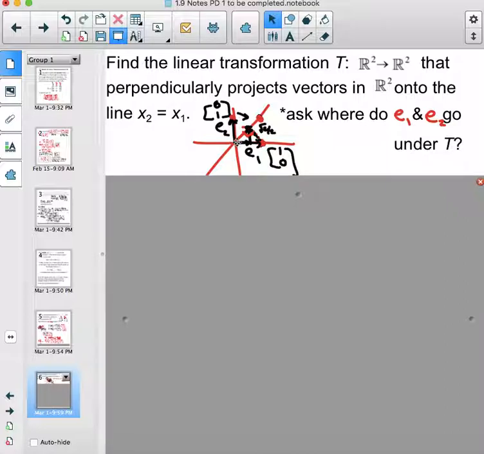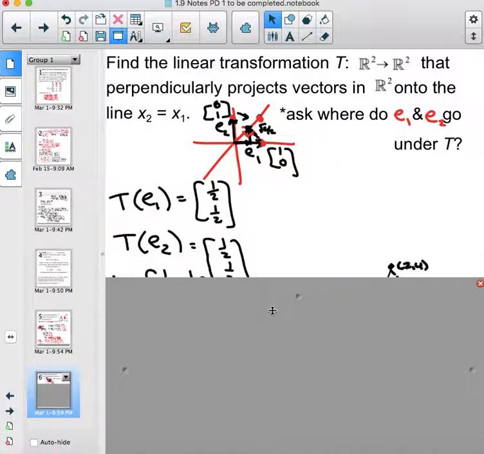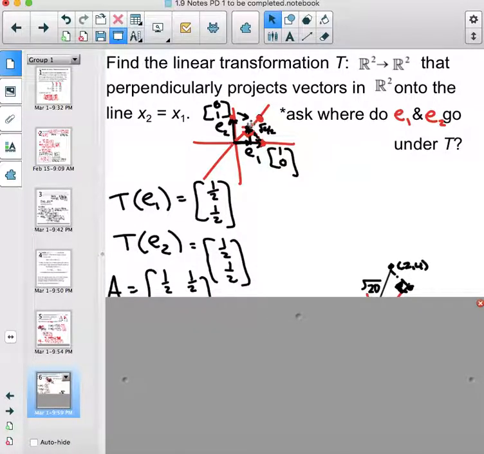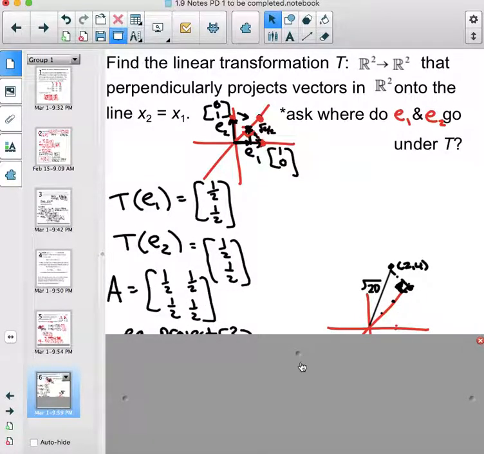So you go over a half, up a half to get to root 2 over 2. Both of them would be doing the same thing. And so this one's coming down to 1/2, up 1/2. And so is this one. So the A matrix is this right here.